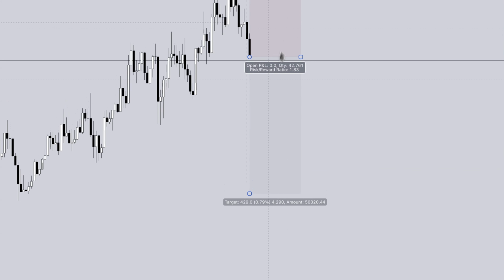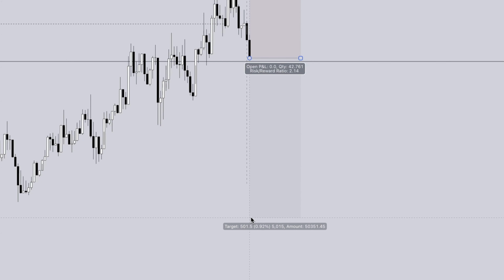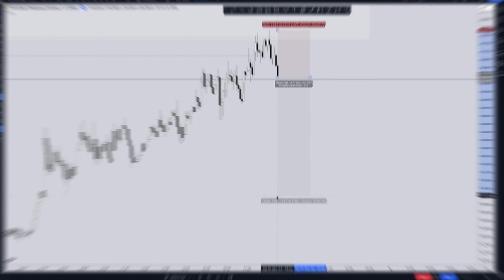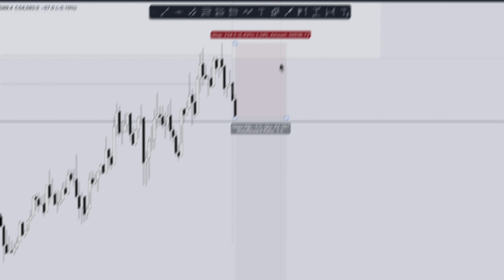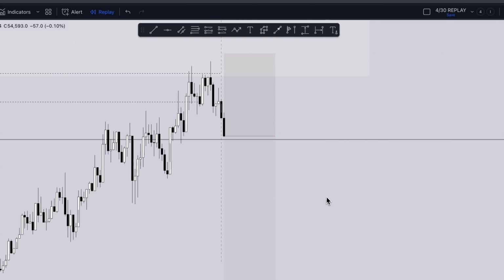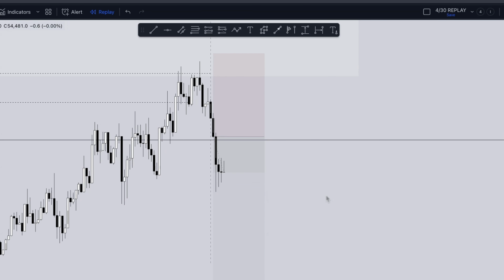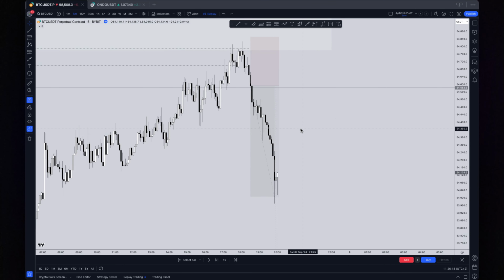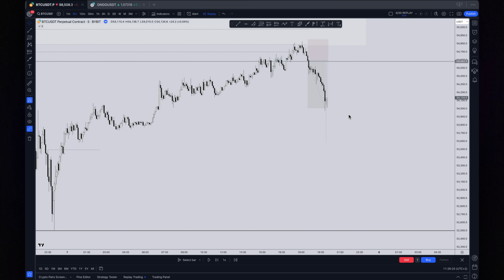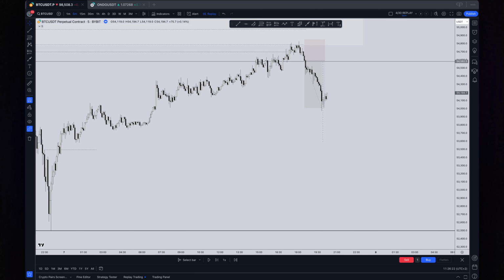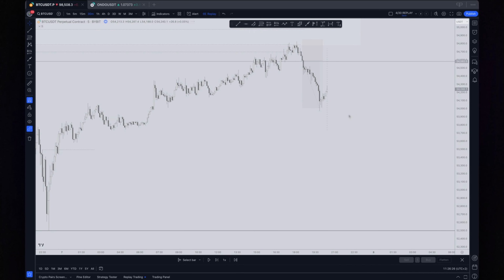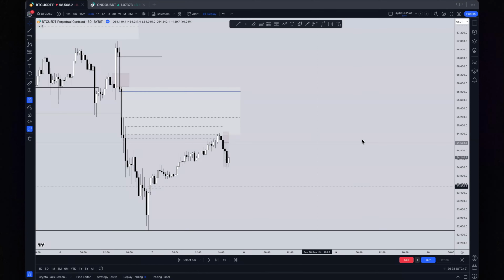It's a big stop though. Well, not really. It's all relative. Gonna take it to 2.5. Gonna give it some room here. There we go. Target hit. So let's see what happened.